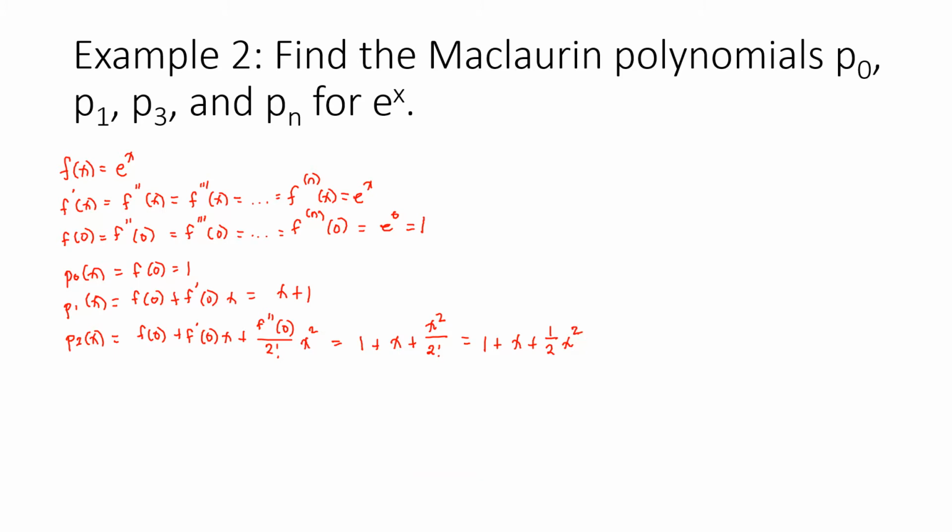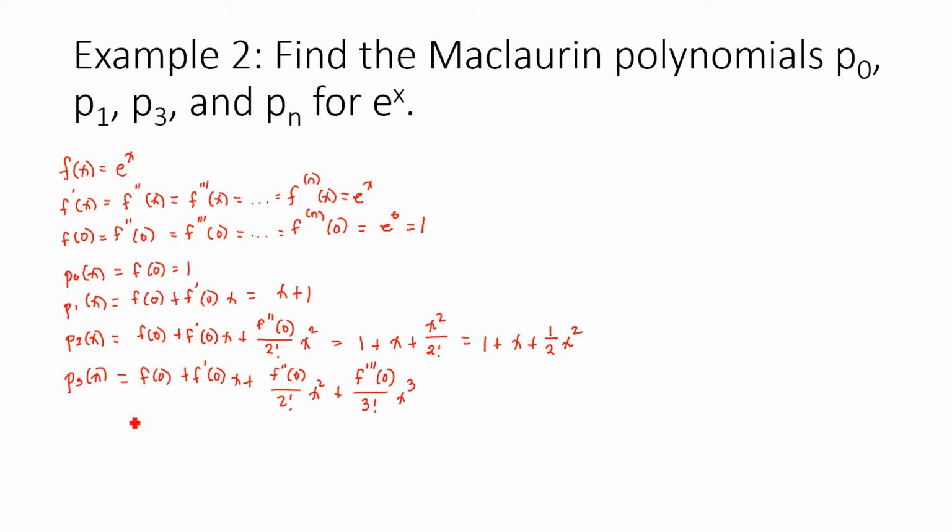So our third polynomial of x is equal to f of 0 plus the first derivative of f of 0, x, plus the second derivative of f of 0 over 2 factorial x squared, plus the third derivative of f of 0 over 3 factorial x cubed.